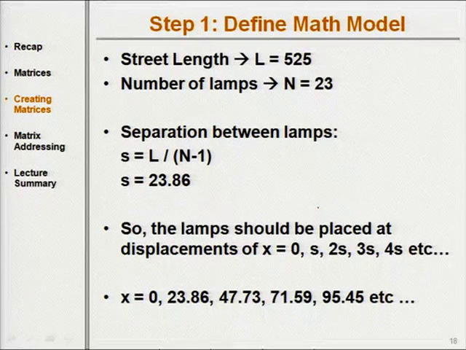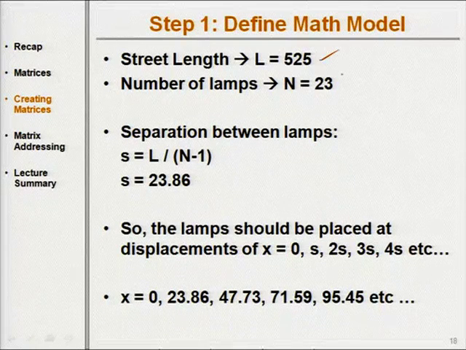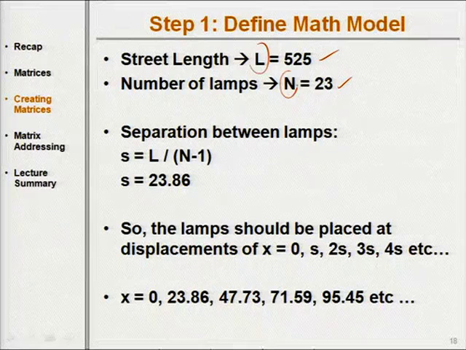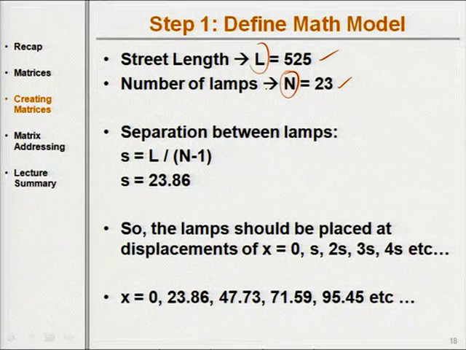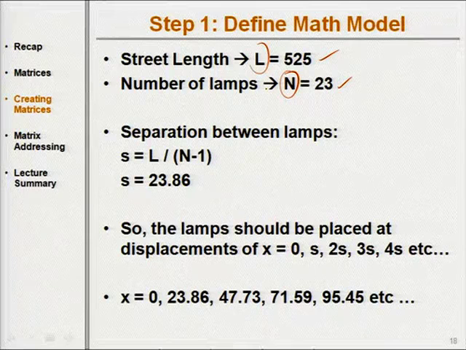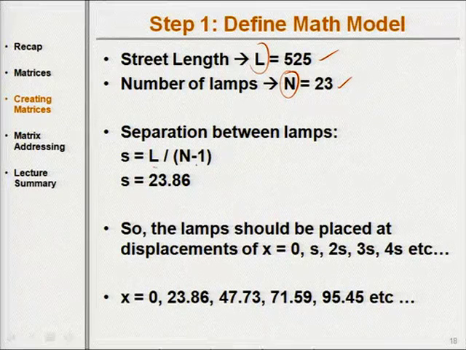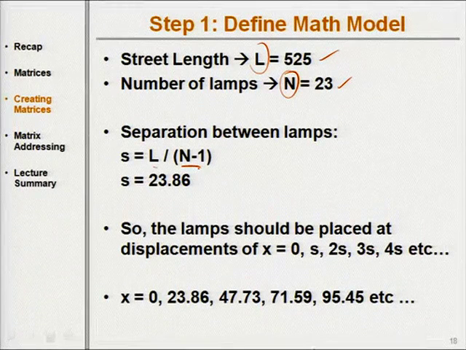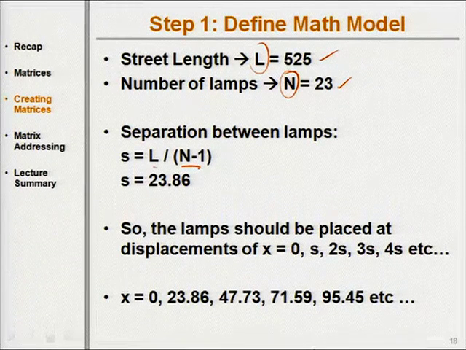Simple mathematics. We have the street length, 525, and the number of lamps, N is 23. So here we're using variables L and N to store the street length and the number of lamps. The separation between the lamps is L divided by N minus 1. So N minus 1 is the number of intervals.